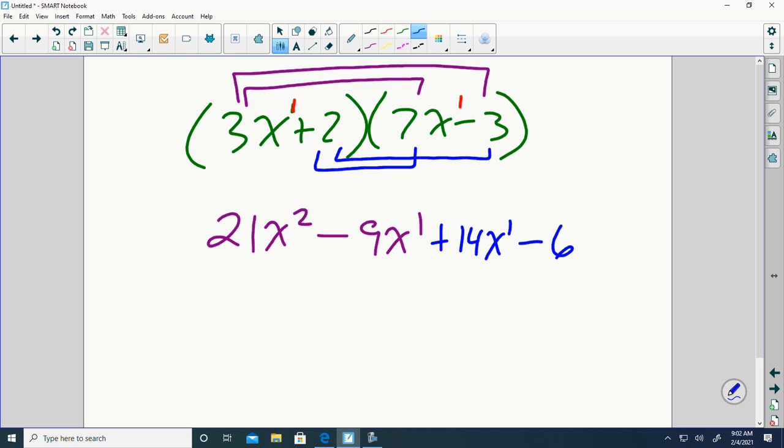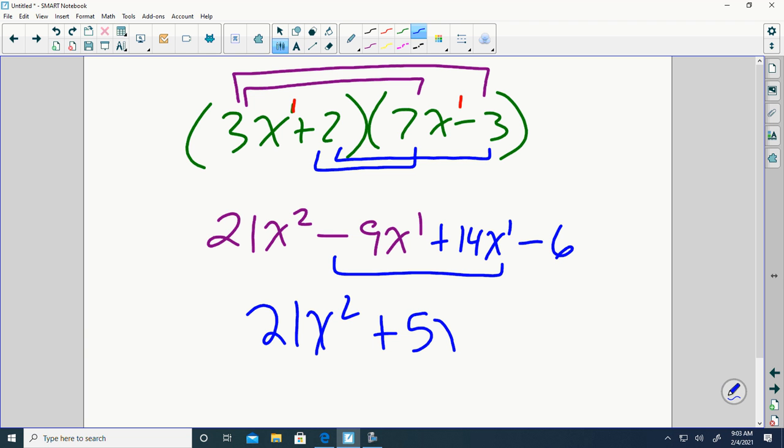Now I think we have two like terms in there. Anyone want to take a shot at what the two like terms are? Maddox. What's one? Oh, I was meaning there's two separate things, but yeah, you're totally right. Yeah, that's going to be my like term. So we can go ahead and combine those. So 21x squared stays as is. 14 minus 9, I believe, is 5.